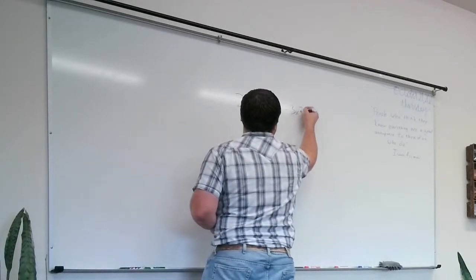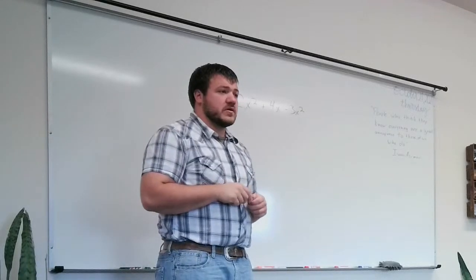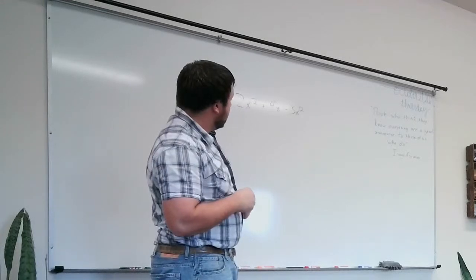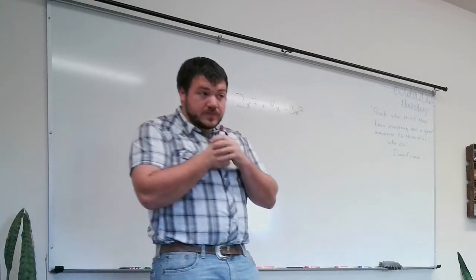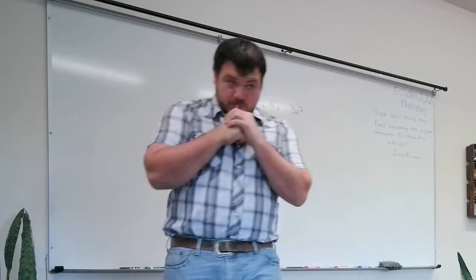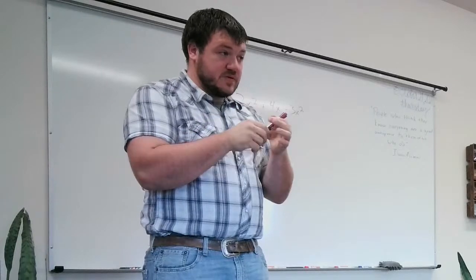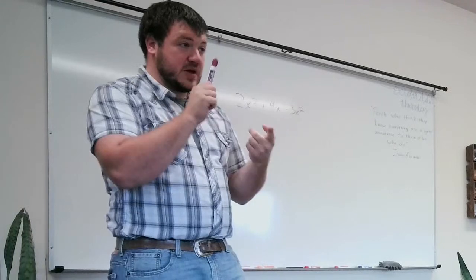Where are the like terms here? 2x squared and -3x squared. Those are like terms. Why are they like terms? Because they have the same exponents and the same variable. The same exponent and the same variable, and that makes them like terms.